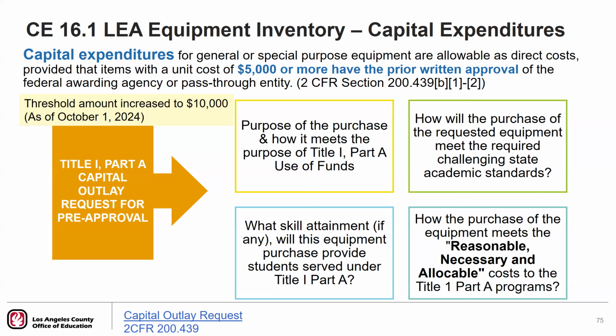And of course, the purchase must be necessary and reasonable for proper and efficient administration of the Title I eligible program. And the equipment must be specific. In other words, allocable to the eligible Title I programs, as opposed to a general expense required to carry out the LEA's overall responsibilities.